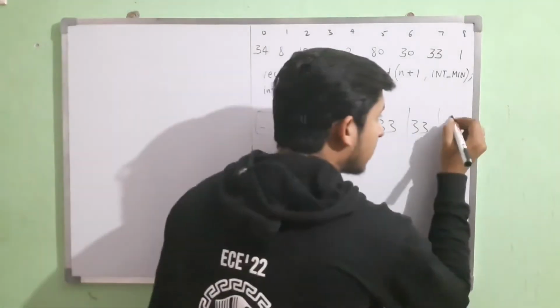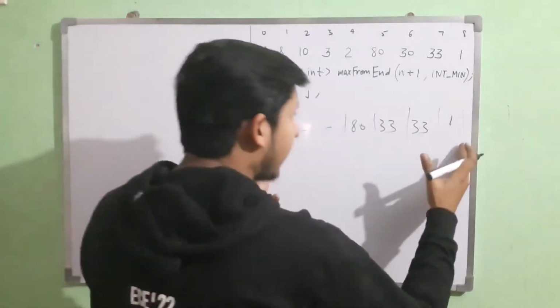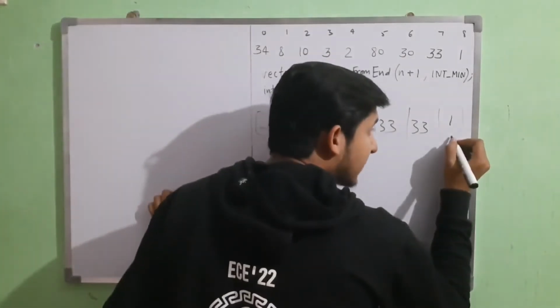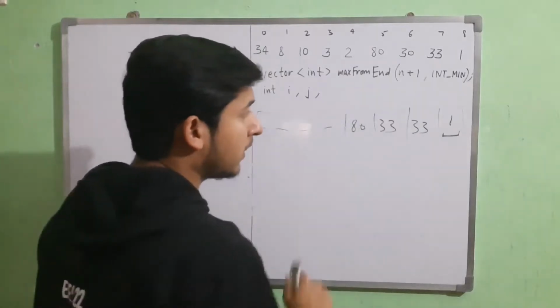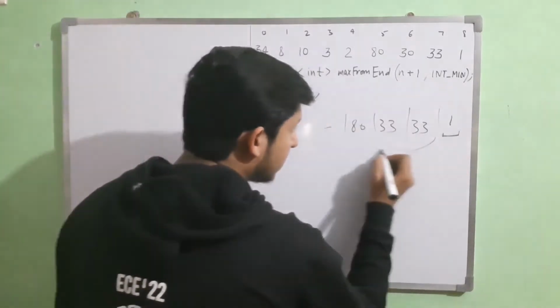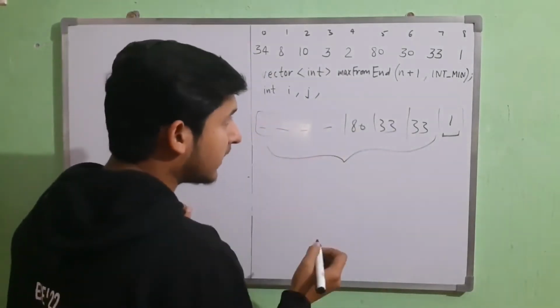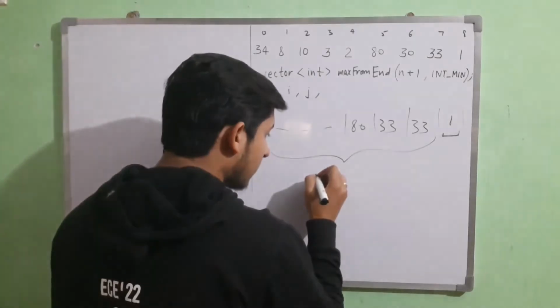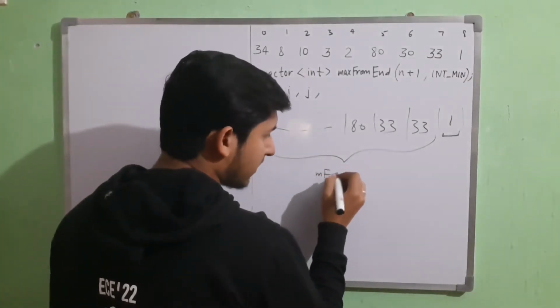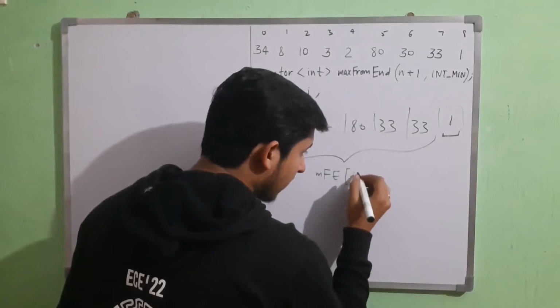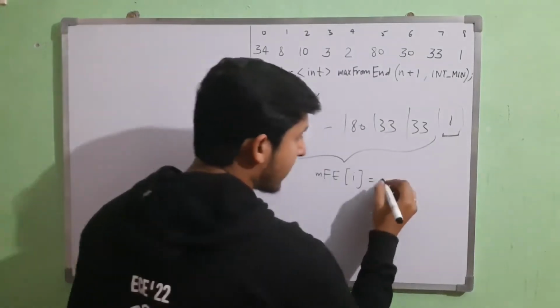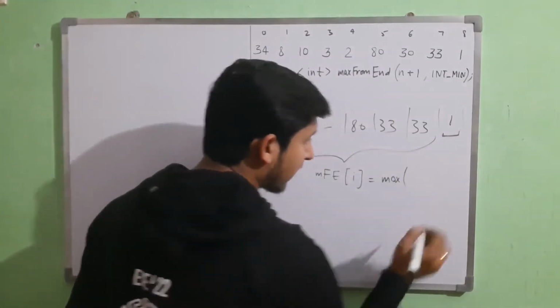Now if I declare this of size n, then I have to initialize this index separately, and on all the others I will just write maxFrom at i plus 1 and A[i]. This is just an abbreviation, don't mind.